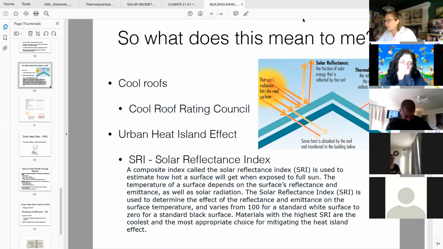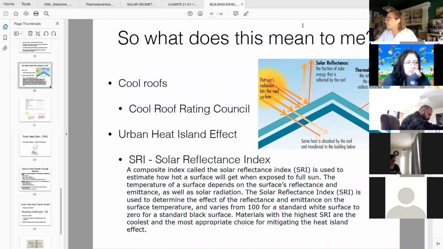And I don't have it in a slide here, but I'm just going to bring up a radiant barrier, which is a building product. The textbook talked about them. We can go into a little bit more on Friday.